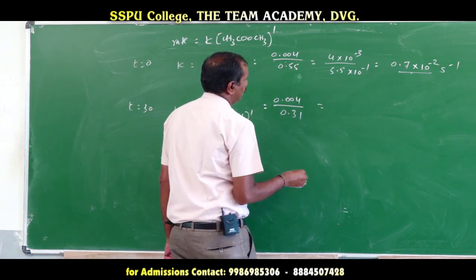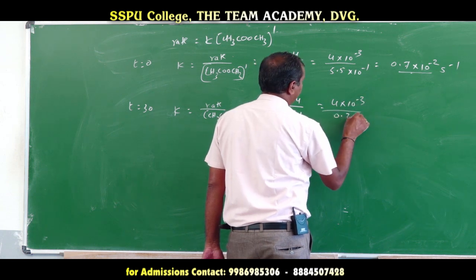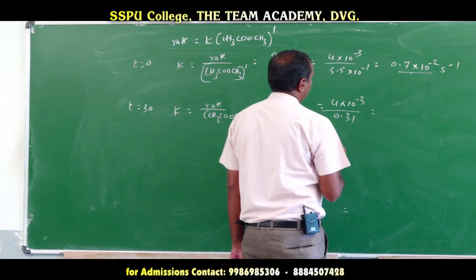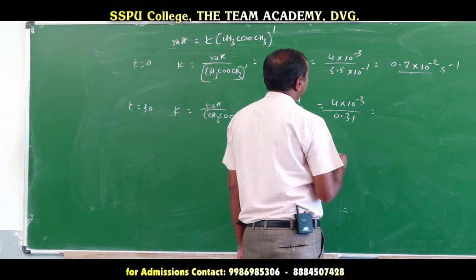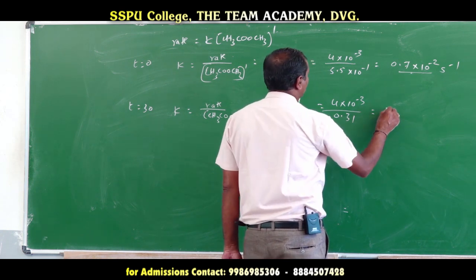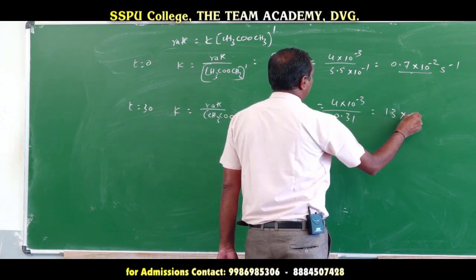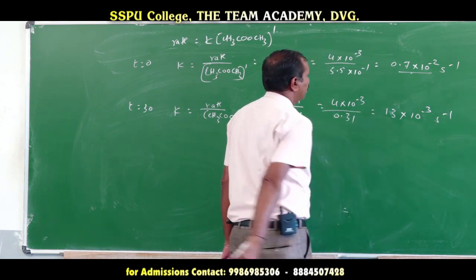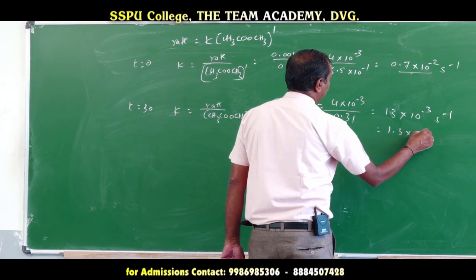By that time, 4 into 10 to the power of minus 3 by 0.31. 0.31 means nearly 12 point something, or 13 into 10 to the power of minus 3 per second. Nothing but 1.3 into 10 to the power of minus 2.